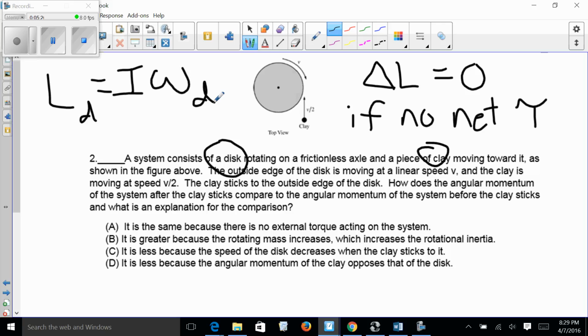Yes, the angular velocity may slow down or change directions, but the key here is that the disk and the clay are all defined as the system, so the total angular momentum has to stay the same because there's no net external torque. The clay hitting the disk is an internal torque because the clay is part of the system.